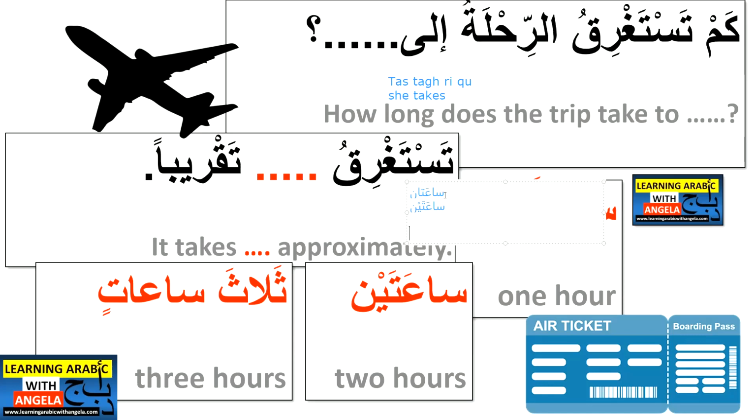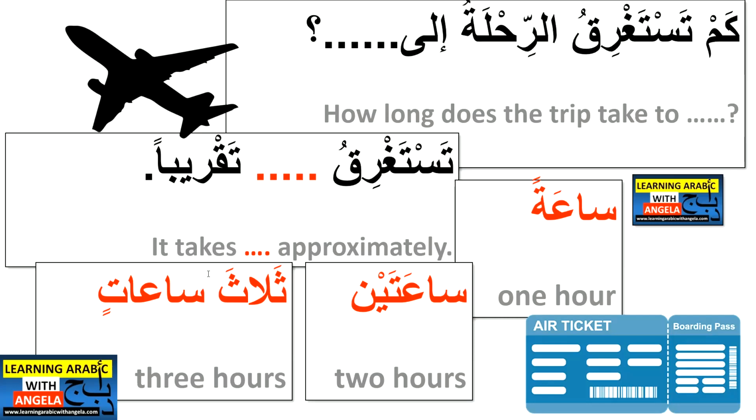So we use ساعتين. So no need to go into detail into the grammar, but you can just look at the template and use it. So تستغرق ساعة, تستغرق ساعتين, or if it's 3 hours, 3 ساعات, 4 ساعات, 5 ساعات, 6 ساعات, 7 ساعات, and so on. So why do we say ثلاثة and not ثلاثة?